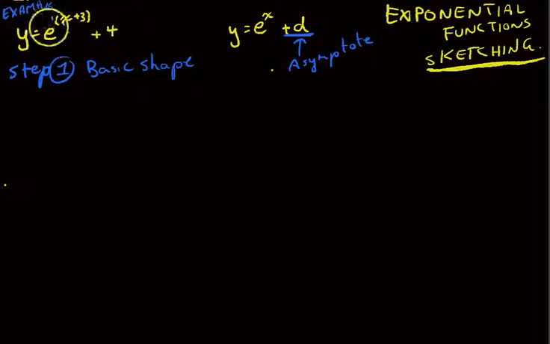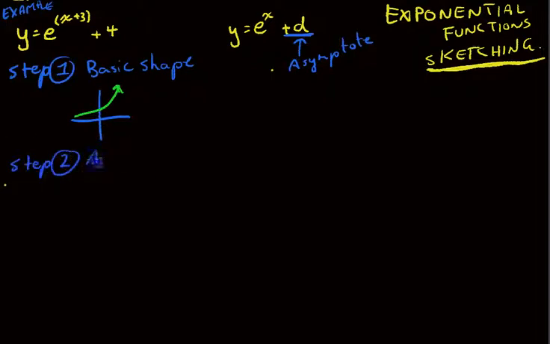This one's the simplest, it's e to the x. That means it's going to have a basic shape that looks like that, with the asymptote heading out this way and the graph heading up out into the sky, like that. So that's step 1.